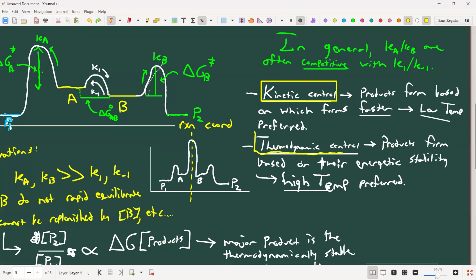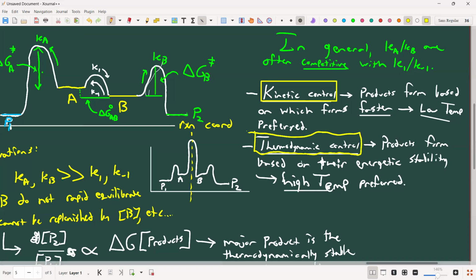For instance, biology will make the thermodynamic product of some material, but for medical or industrial reasons we might want the other form that the world doesn't make. So we might have to come up with a different process that uses kinetic control to create that higher energy, less stable material instead of the more stable one. These kinds of concepts are used everywhere in chemistry.